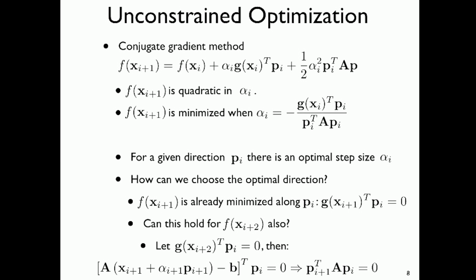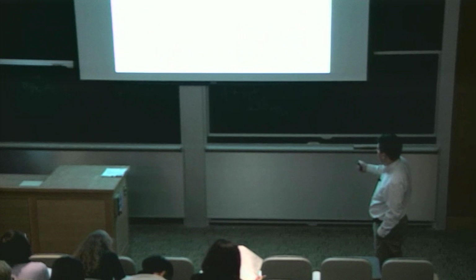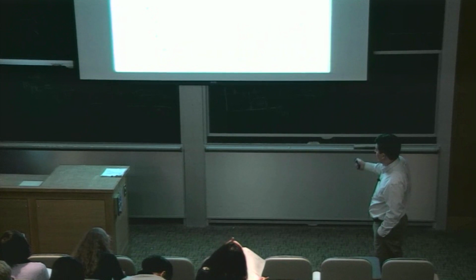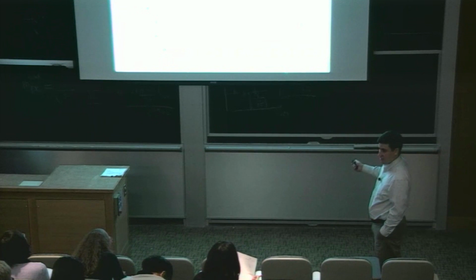Okay. You don't need to be able to work through these details. You just need to know that this gives a relationship between the directions on two consecutive iterates. So it says if I picked a direction p on the previous iteration, take how it's transposed by A, and make sure that my next iteration is orthogonal to that vector.